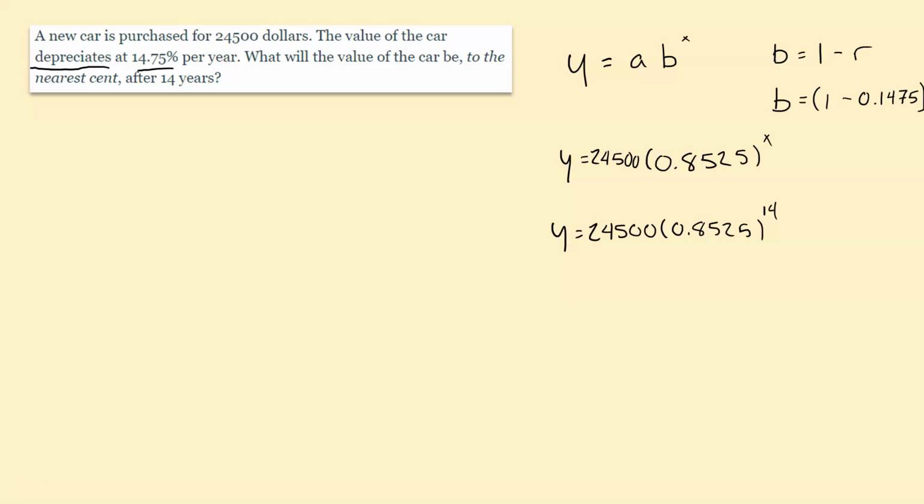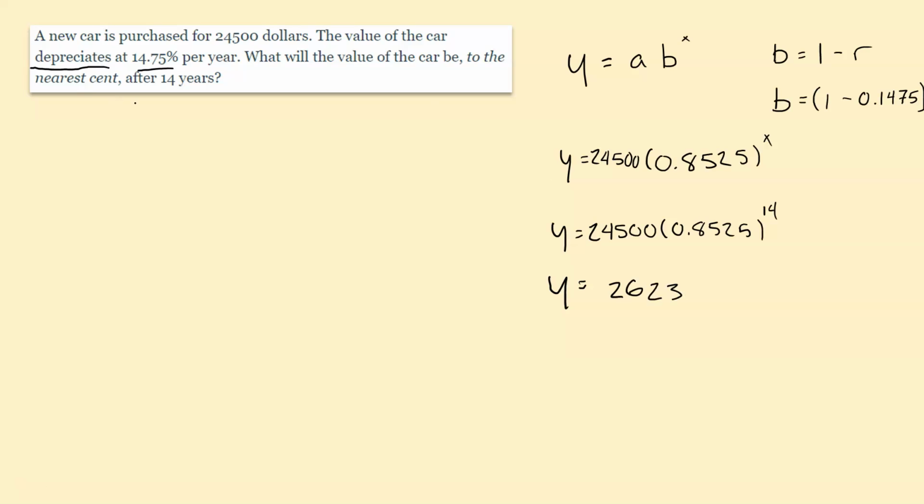You take 0.8525 and raise that to the 14th power. Then you take that value, 0.107083221, and multiply it by 24,500.